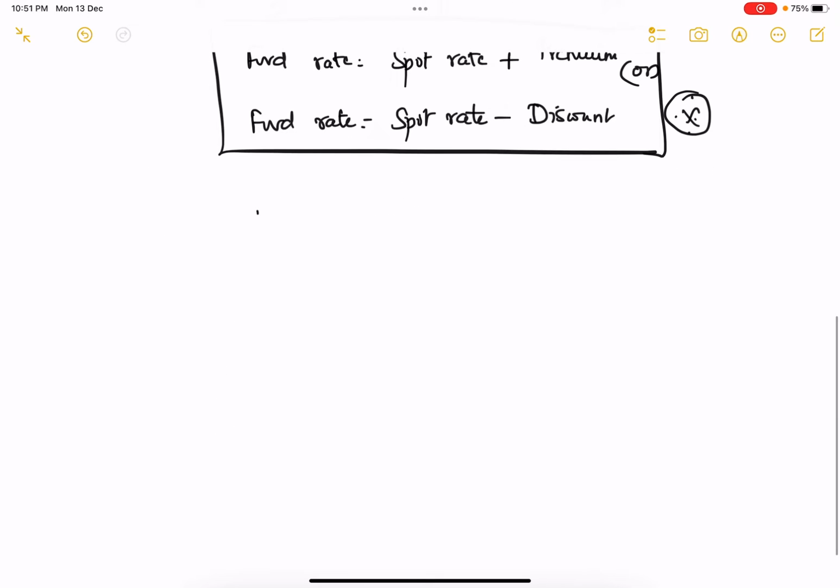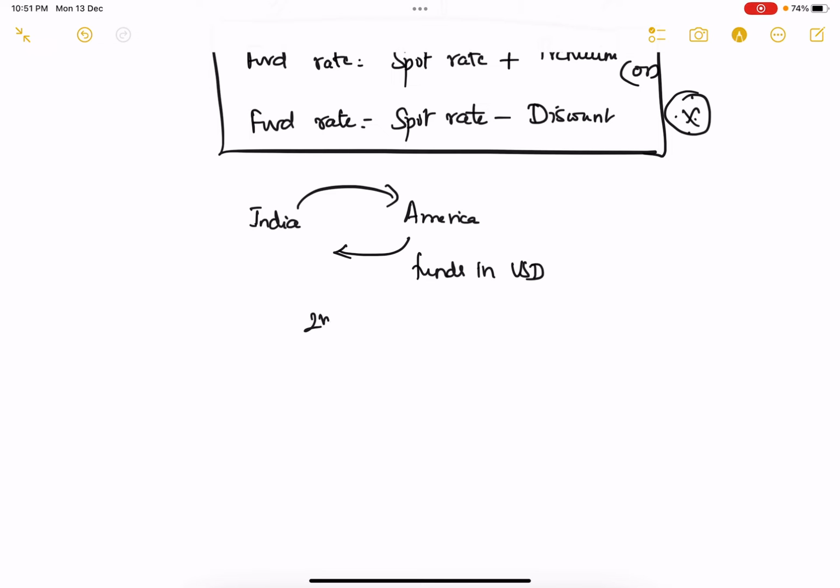Let me give you an example. I'm an Indian who exports goods to America. So I will be getting funds in USD. So on the spot date, that is on the second working day, 1 USD is 75.34 INR. Whereas on a forward date, that is on any day after second working day, 1 USD is 76 INR.